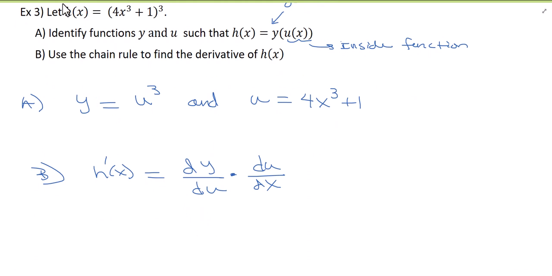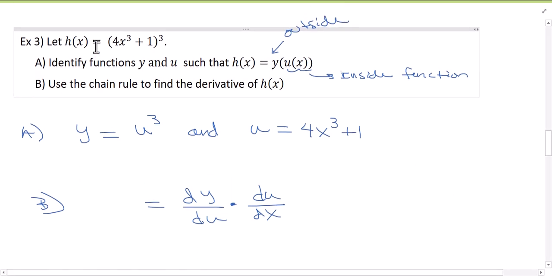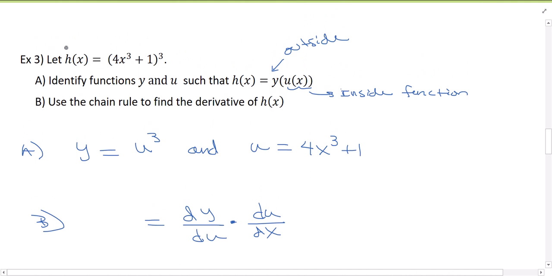So one way that you can think of it too is that h of x, f of x, g of x, those are all fancy names for y. So another way you can think of this is that you're trying to find dy/dx. So notice that dy/dx then is equal to, in this case, dy/du times du/dx. Notice that our du's cancel, leaving us with dy/dx equals dy/dx.